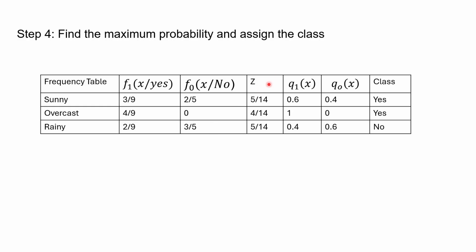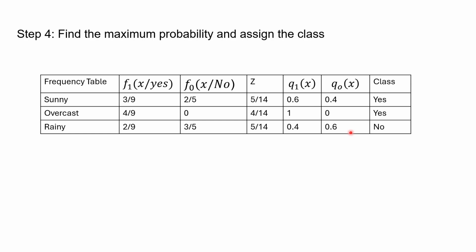The Z value is summarized as 5 by 14, 4 by 14 and 5 by 14 from the calculations we have made already. Similarly, Q1 of x from the calculation is tabulated as 0.6, 1 and 0.4 for sunny, overcast and rainy. And similarly, Q0 of x is 0.4, 0 and 0.6 for sunny, overcast and rainy classes.